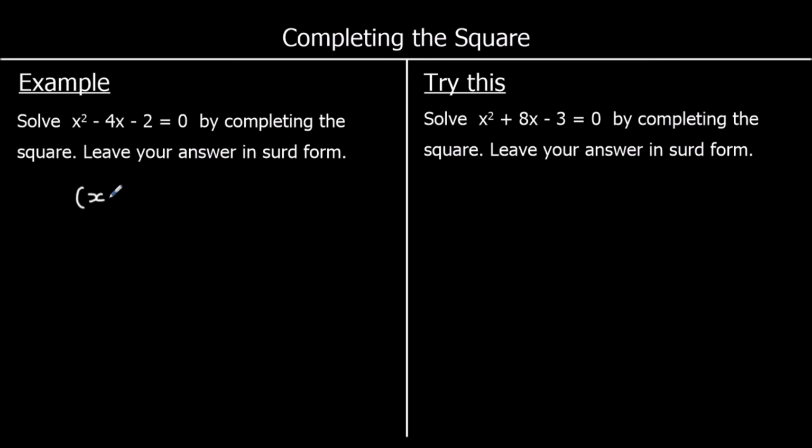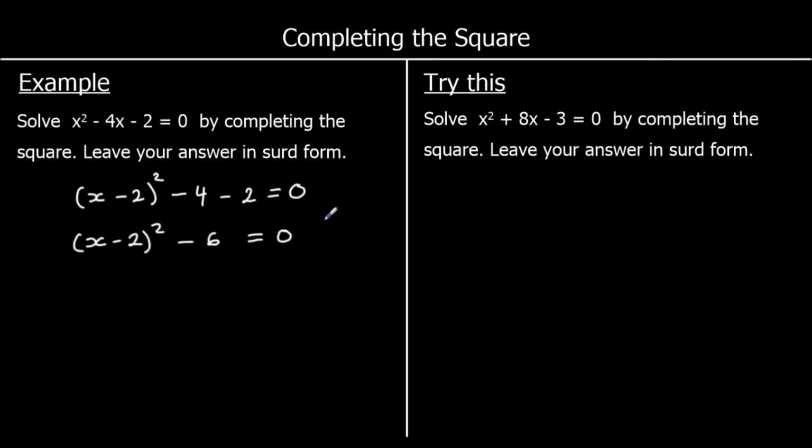So that would be (x minus 2) squared. We're going to take away minus 2 squared, which is 4, so take away 4. And we've also got the minus 2, and that's equal to 0. So that means we've got (x minus 2) squared minus 6 is equal to 0.